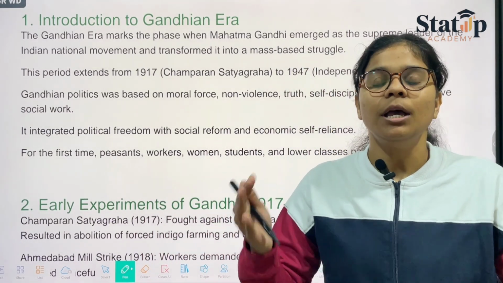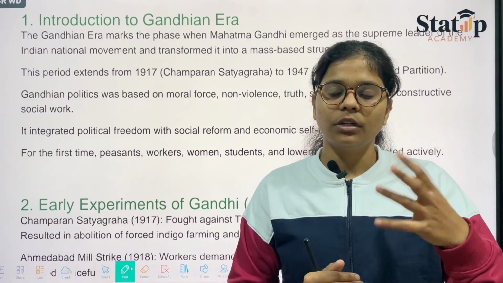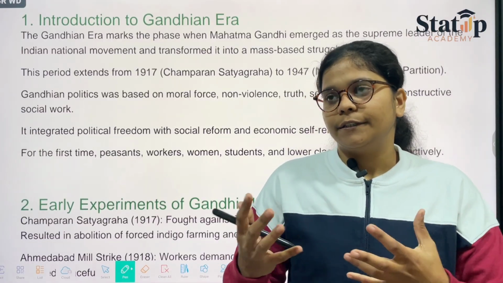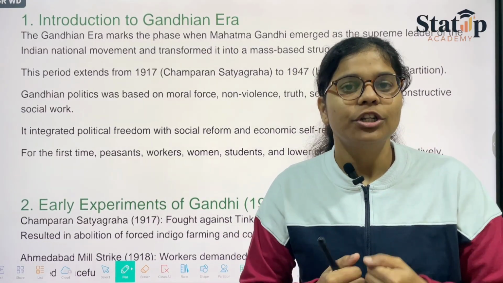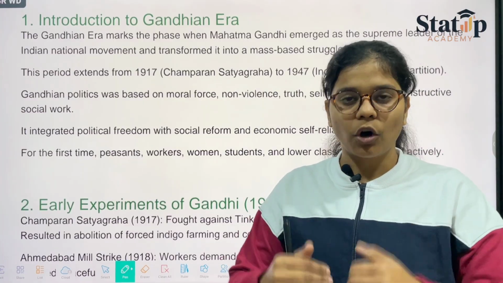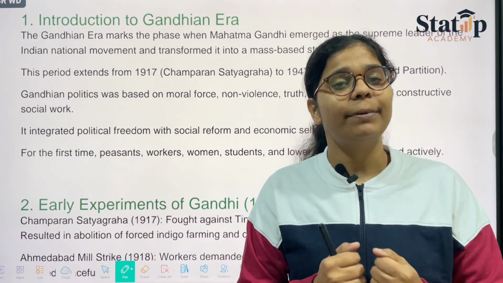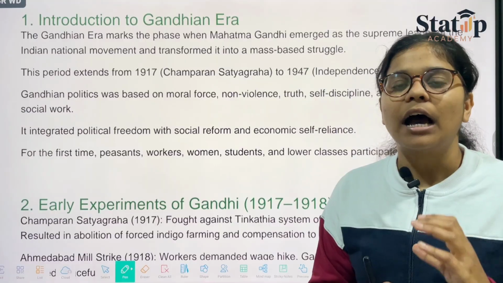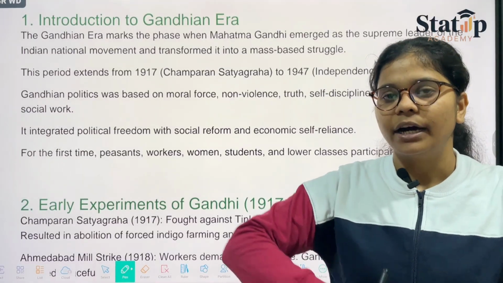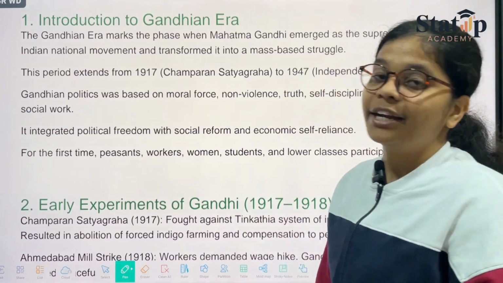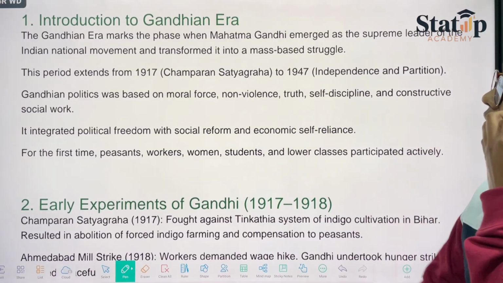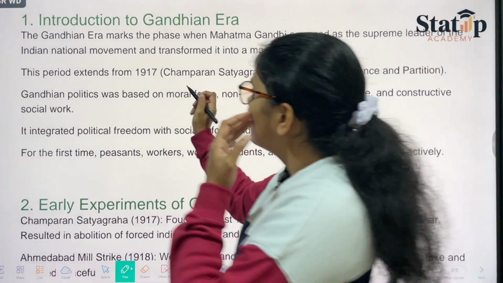Why supreme leader? Because he followed the strategy to gather the mass on the stage so that the British could know that Indians are not few people, but they are in blunders in number. They can do blunders. Then we have the period, which extends from, it started from which movement?